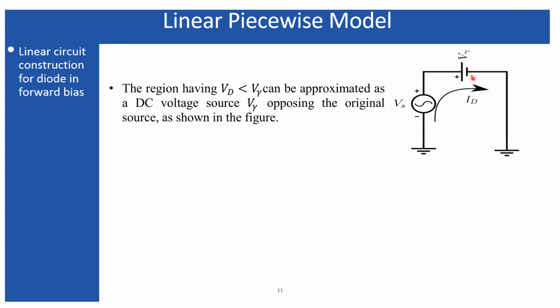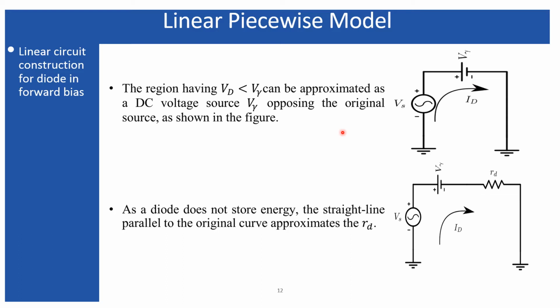The polarity or the orientation of the DC voltage source, as shown over here, is in such a way that it is opposing the current to flow from the source until and unless the source voltage is larger than the DC voltage. Therefore, you can consider this voltage as a cut-in voltage, and if this DC voltage is equal to the cut-in voltage of the diode, this can easily replace the cut-in voltage of the diode by using a linear element, which is nothing but a voltage source.